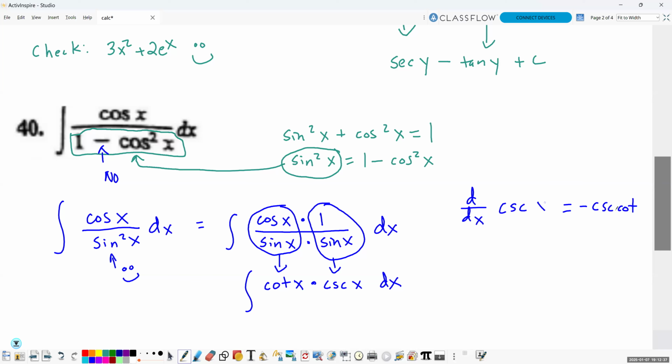So the derivative of cosecant is negative cosecant cotangent. When I take the integral of cotangent cosecant, it's going to be negative cosecant plus c. And then when I take the derivative of negative cosecant, the two negatives would cancel themselves out.